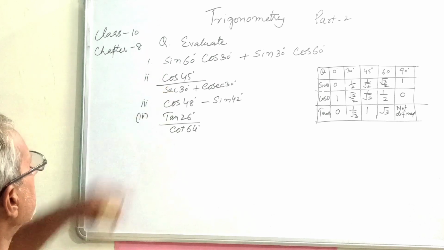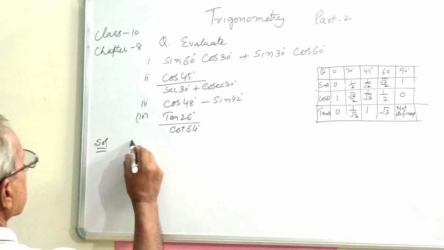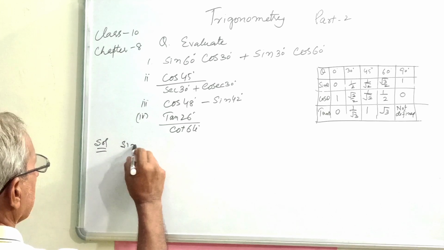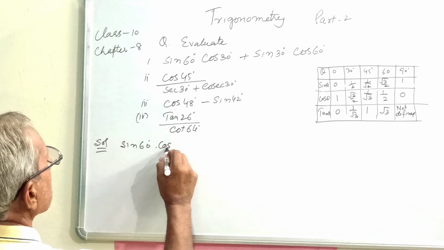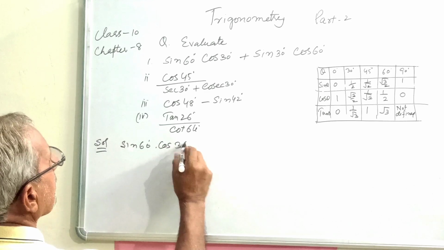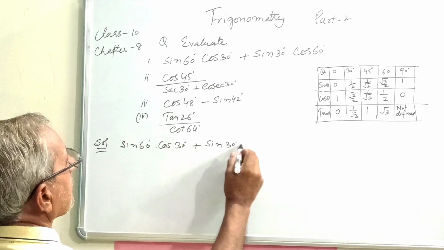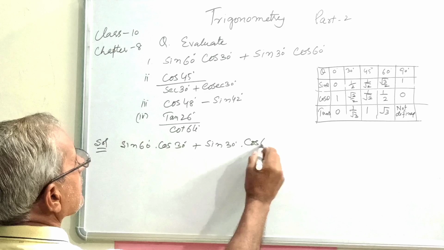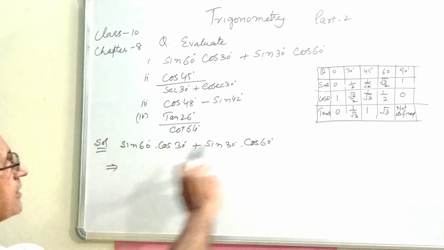So for the first part, that is sin 60 degree into cos 30 degree plus sin 30 degree into cos 60 degree. Just see the table.